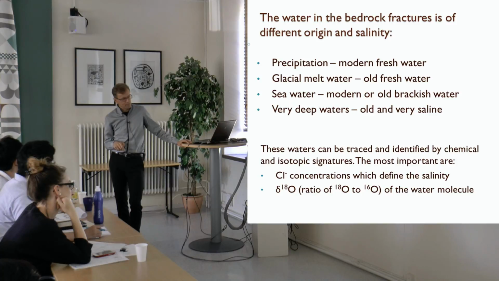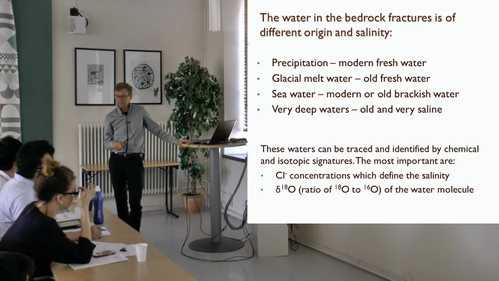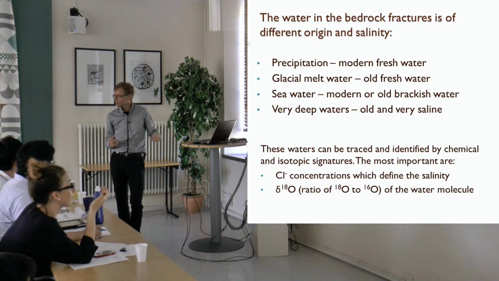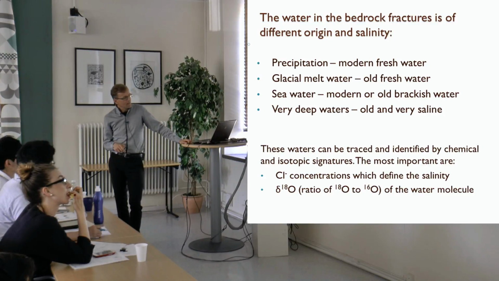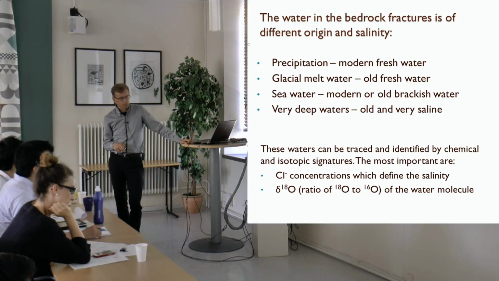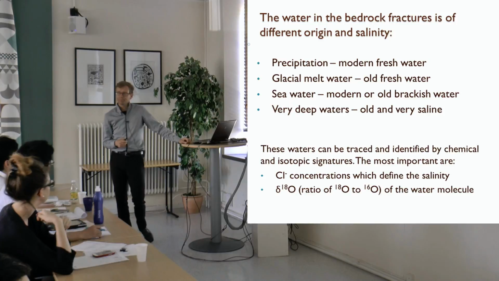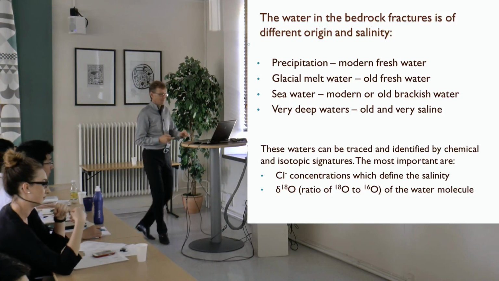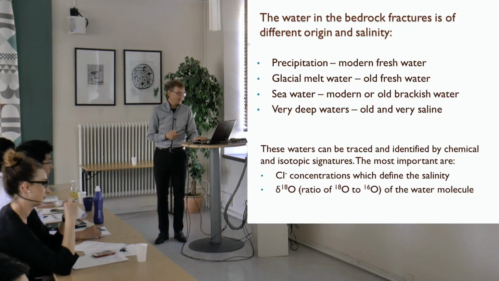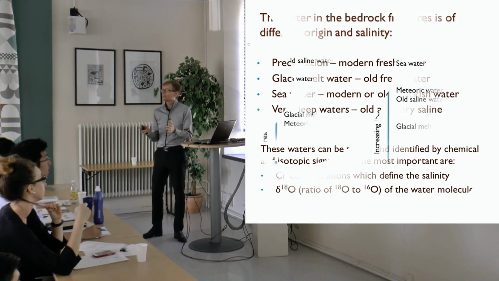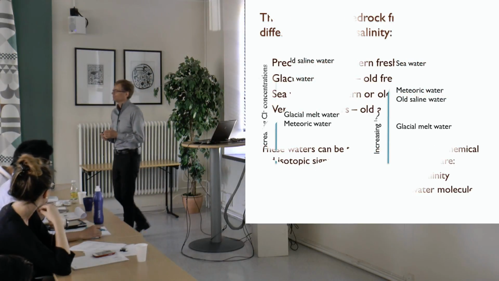That is two different isotopes. And this varies from water type to water type. It's called the delta 18 oxygen, and simply we call it 18 oxygen. And I'll just shortly show the principle here.